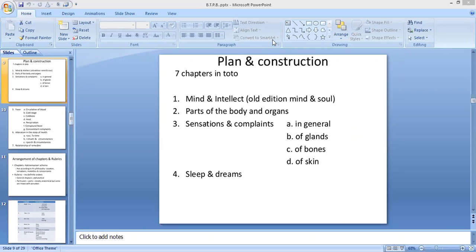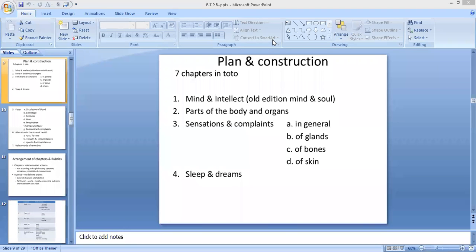This part is divided into sensation in general, then sensation of glands, sensation of bones, and sensation of skin. So in this way, in this subchapter, that is sensation and complaints, there are again four divisions, that is sensation and complaints in general, of glands, of bones, and of skin.